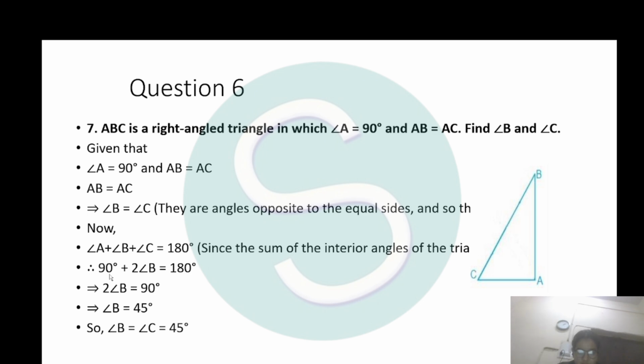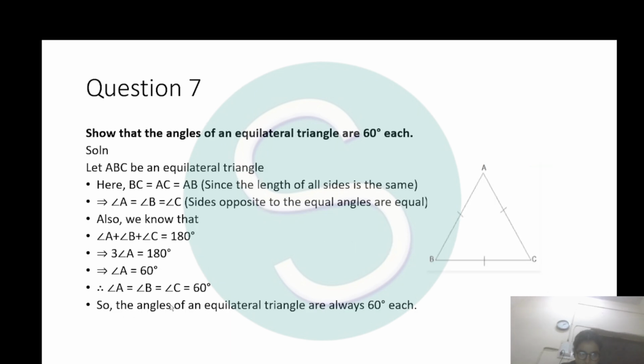We know A equals 90 degrees, so 90 plus 2 times angle B equals 180 degrees. This 90 will go to the right side, so this becomes 180 minus 90, which equals 90 degrees. So 2 times B equals 90 degrees, so angle B equals 45 degrees. Since angle B equals angle C, angle B equals angle C equals 45 degrees.